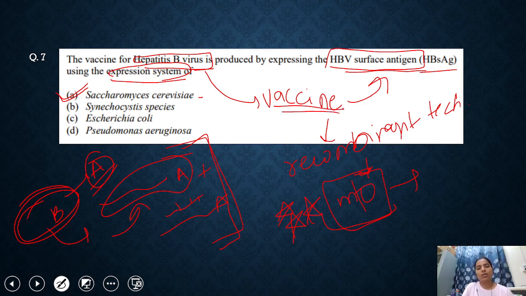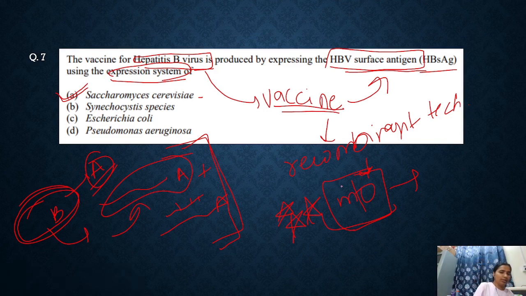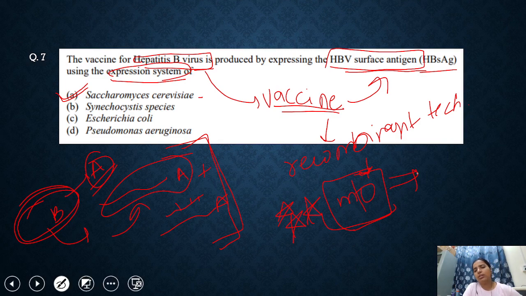Although in all the fermentation processes that you have been studying from day one, it is important to choose a microorganism, because major factors depend upon the microorganism.